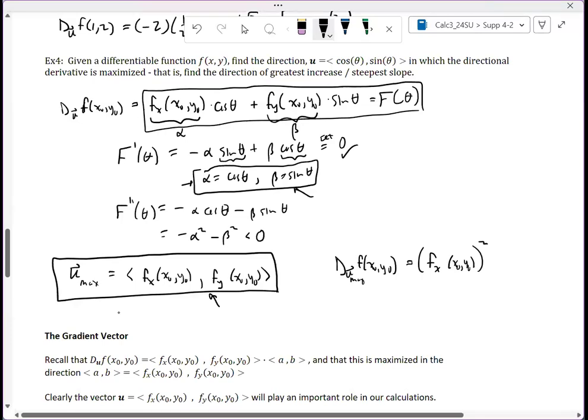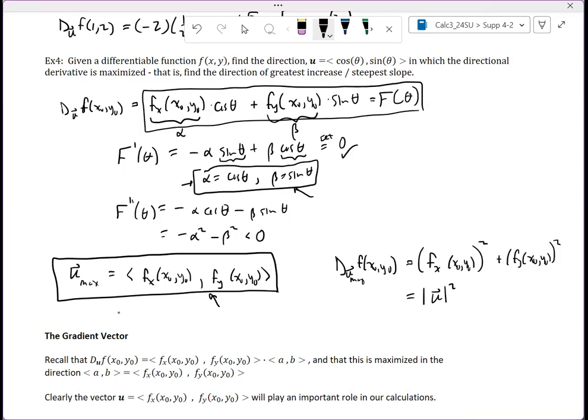So we just get fx at x naught y naught squared, and then similarly fy at x naught y naught squared. This is actually just the length of u squared. So pretty interesting.